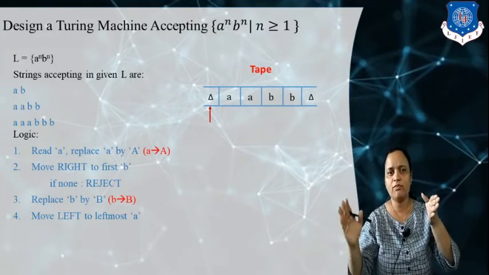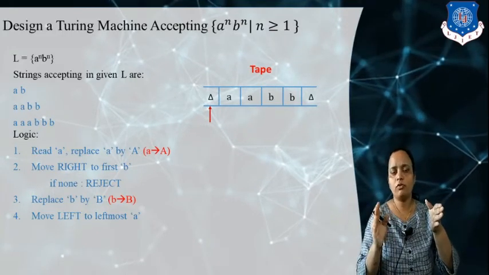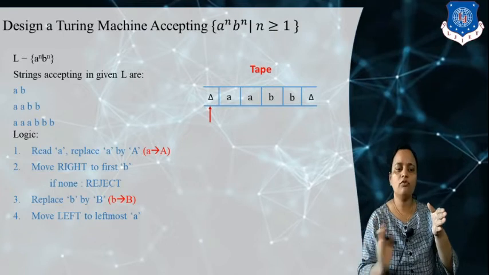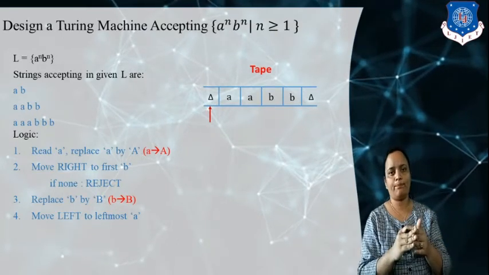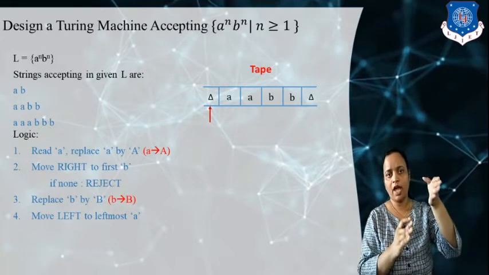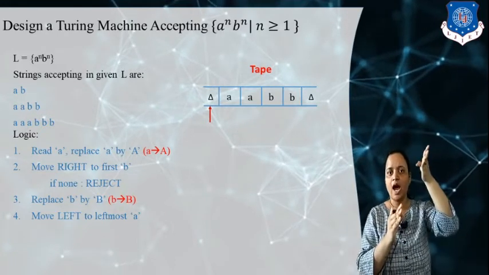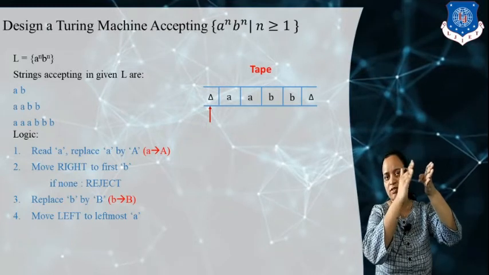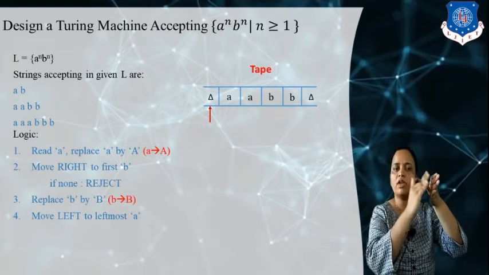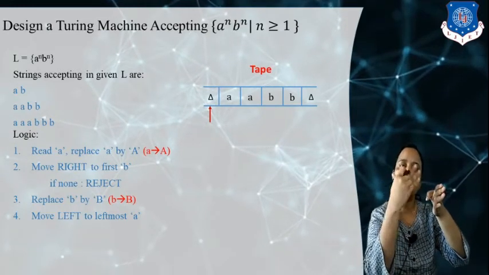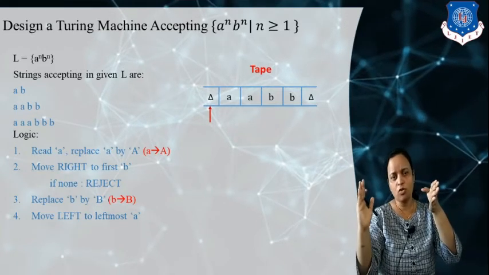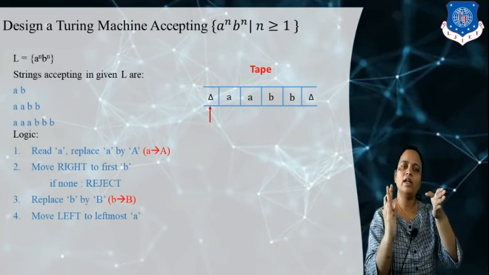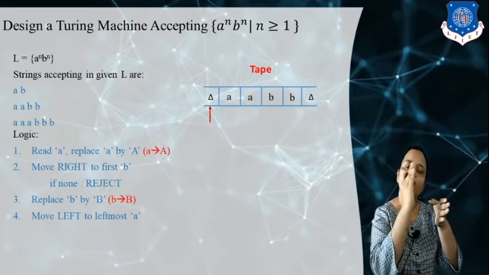It means move to the left, to the leftmost a. After the first counting we start the second counting, so now we are going to count the second a. We have to move our tape head to the left side, to the leftmost small a.